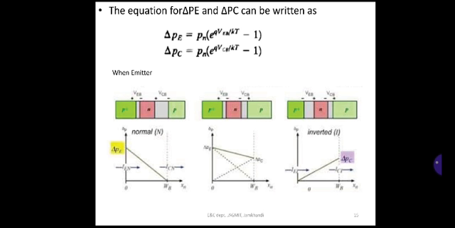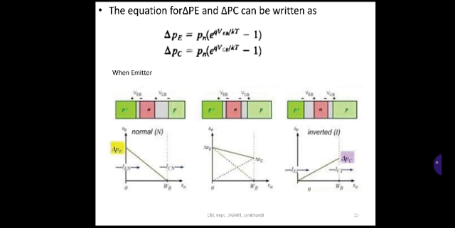Now look at figure number 3, that is the inverted mode. So there is also a solution for doing this backward. In this case, collector base is forward biased. Observe there, the collector P is forward biased and N is reverse biased.